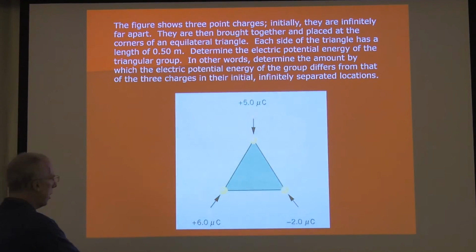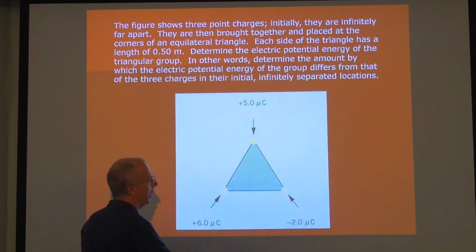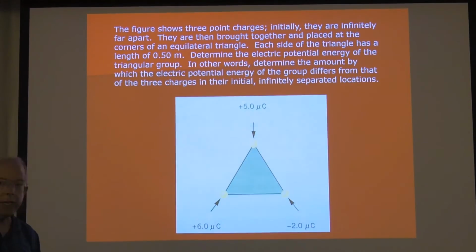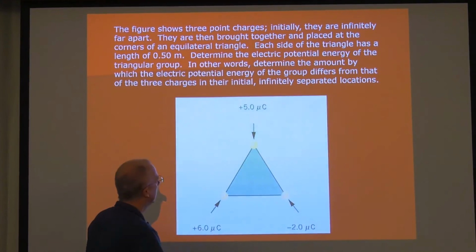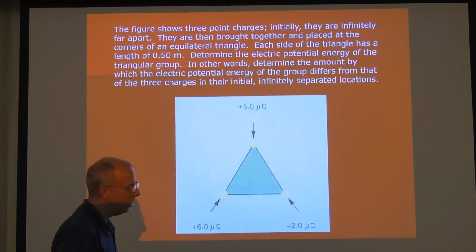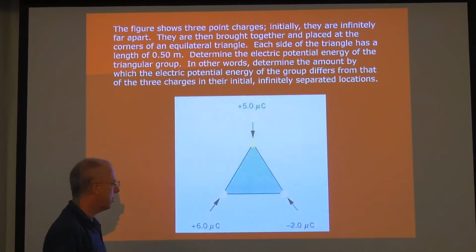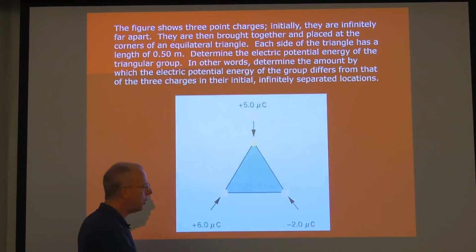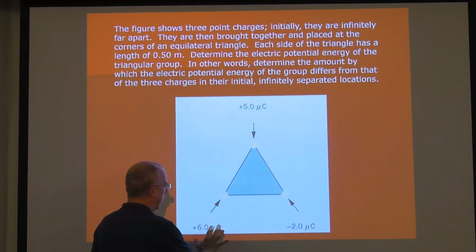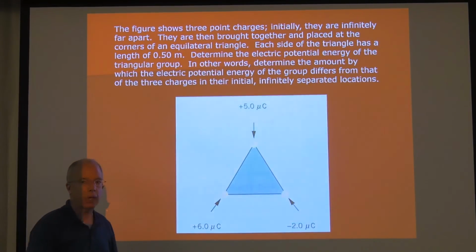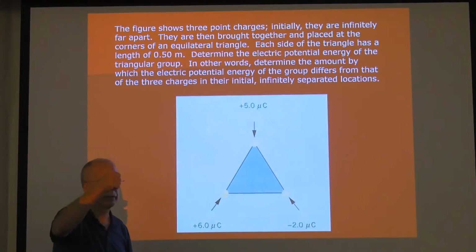When these three charges are infinitely far apart, there's no interaction. So what's the electrical potential energy? 0. Now, we have a positive 5, positive 6, and a minus 2. Because we have a plus 6 and a plus 5, they don't want to be brought together. Now this one certainly does, but just by the numbers, you can see that the potential energy is going to increase. It's going to be positive.